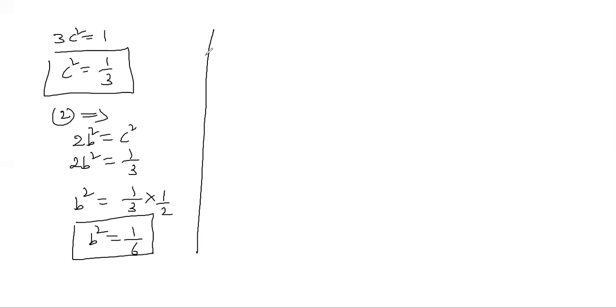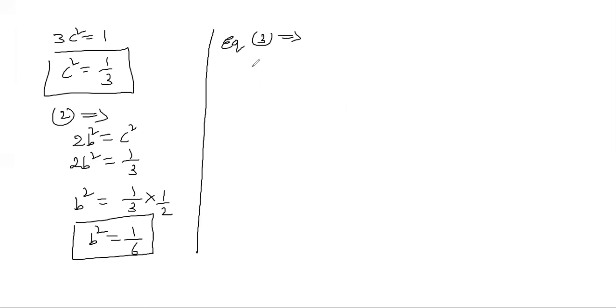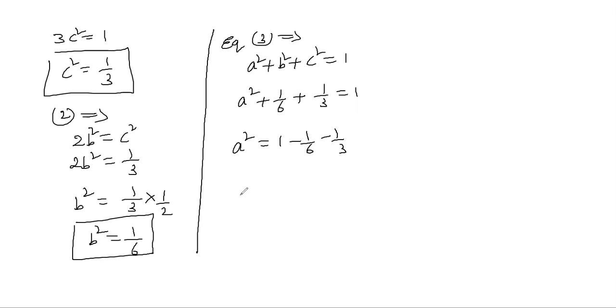Next, equation 3 implies a square plus b square plus c square equal to 1. Now the b square value is 1 by 6 and the c square value is 1 by 3. So a square is 1 minus 1 by 6 minus 1 by 3.